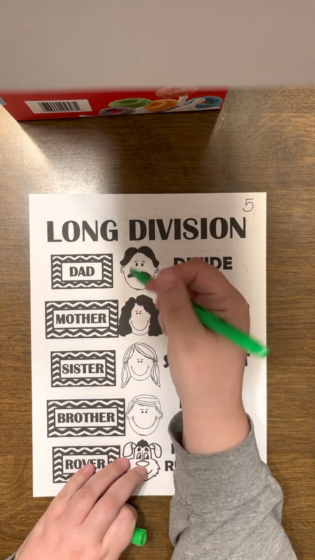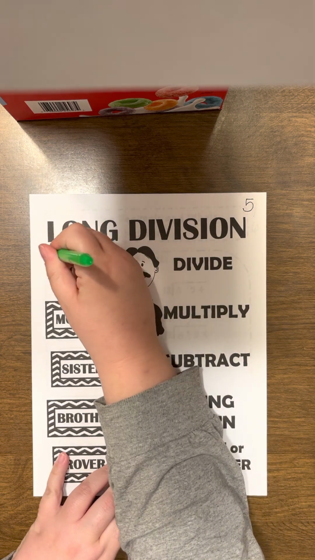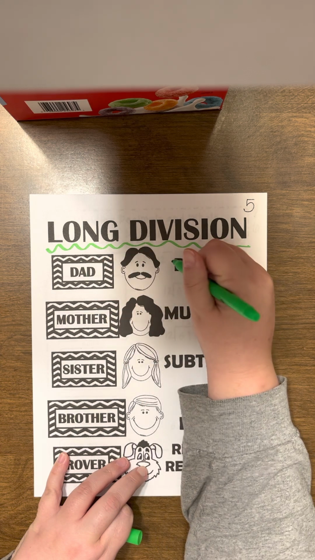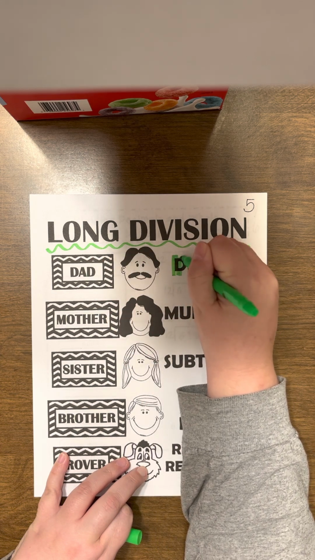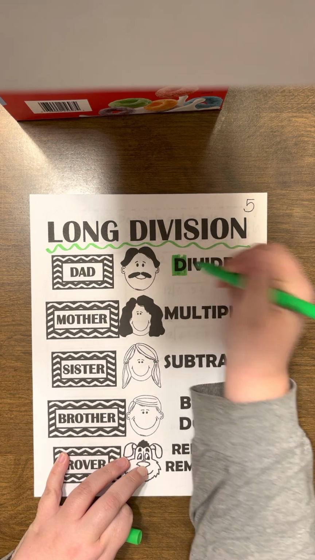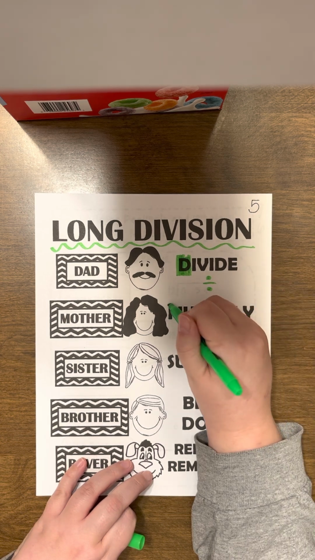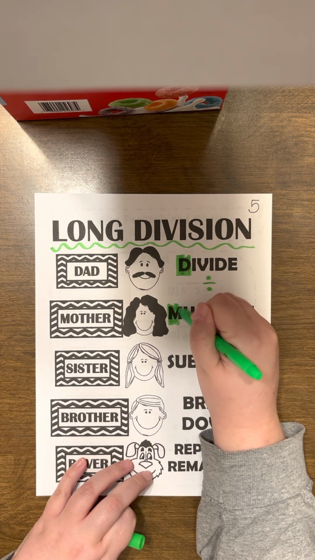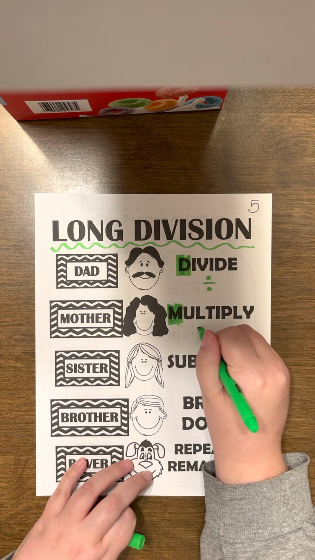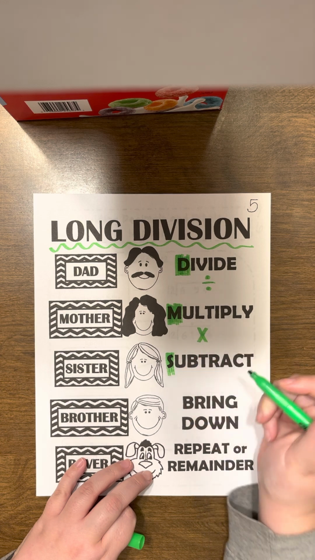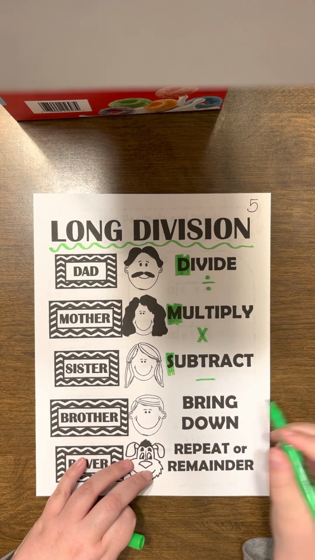So we had the long division family. We have the dad, and his job is to divide. Then we had the mom. Her job was to multiply. We had the sister. Her job was to subtract.